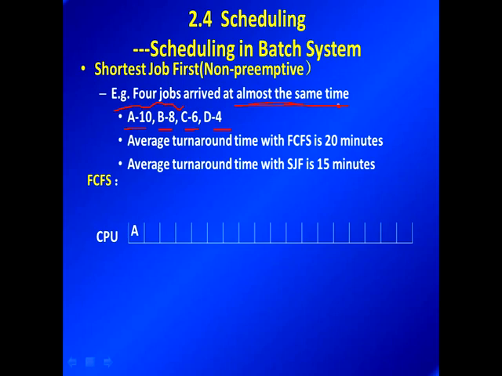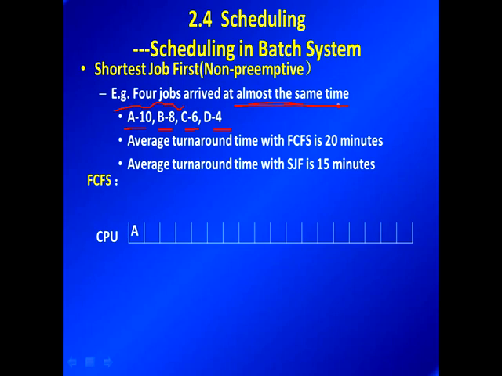Some jobs will arrive just a tiny bit earlier than the others, right? There must be a certain order among these 4 jobs. So we suppose that the order is A, B, C, D.